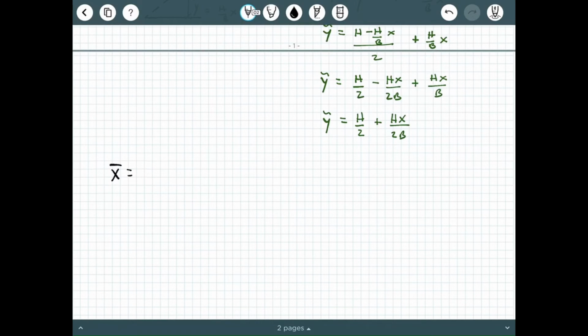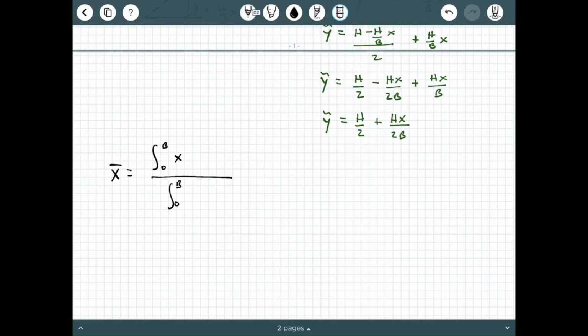So now we can say x bar is equal to the integral 0 to b. We're still integrating with respect to dx. X times h over b x dx divided by integral 0 to b h over b x dx. Oh, I'm sorry.